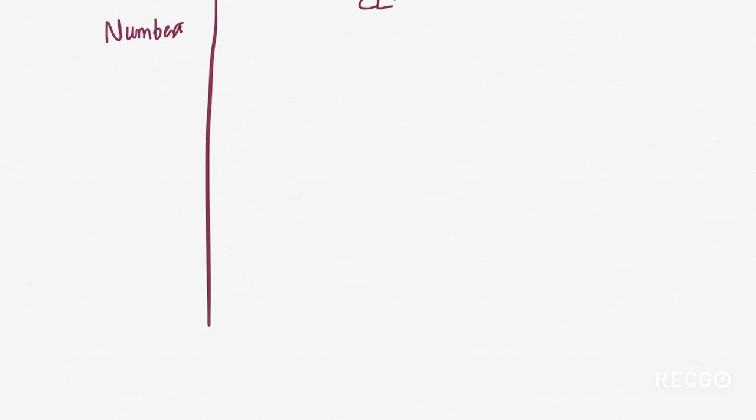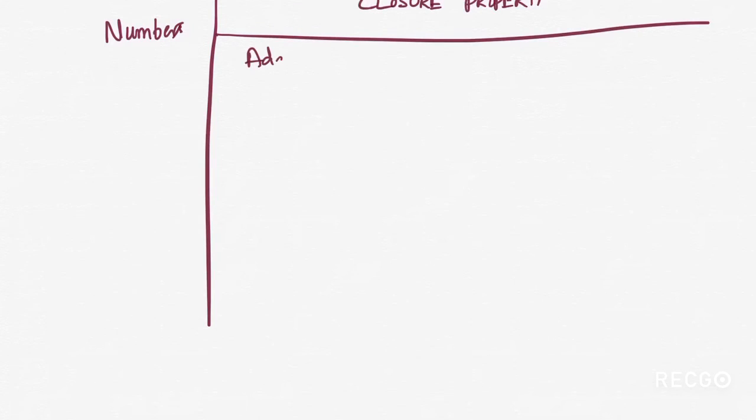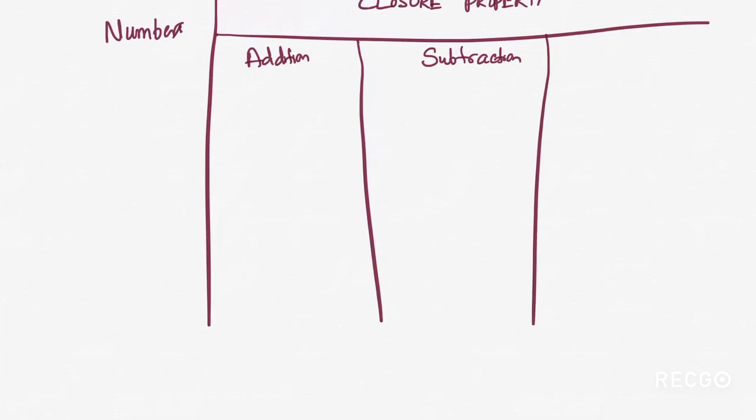This is the closure property: addition, subtraction, multiplication, division.